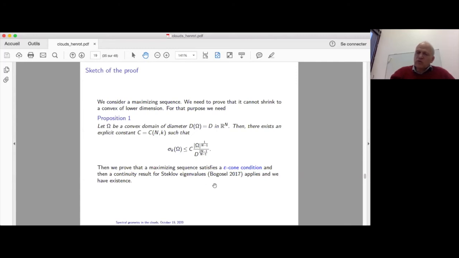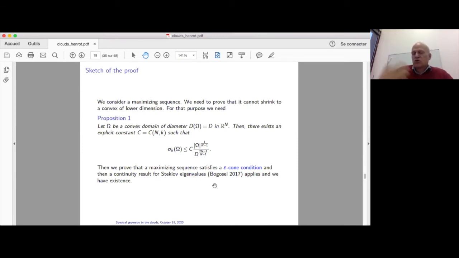And in a previous work, Beniamin Bogosel obtained such a continuity result when you have what we call an epsilon cone condition. So roughly speaking, for those who do not know this epsilon cone condition, it means that all your domains are uniformly Lipschitz. You can find a constant which is valid for all your sequence, a Lipschitz constant describing the boundary of your domain.